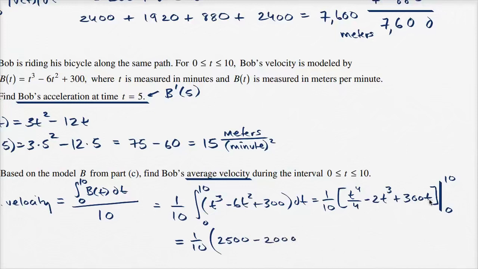And then 300 times 10 is plus 3,000. And then you subtract all of this evaluated at 0, which is just going to be 0. So 2,500 minus 2,000 is 500, plus 3,000. This simplifies to 3,500, and then you divide it by 10.